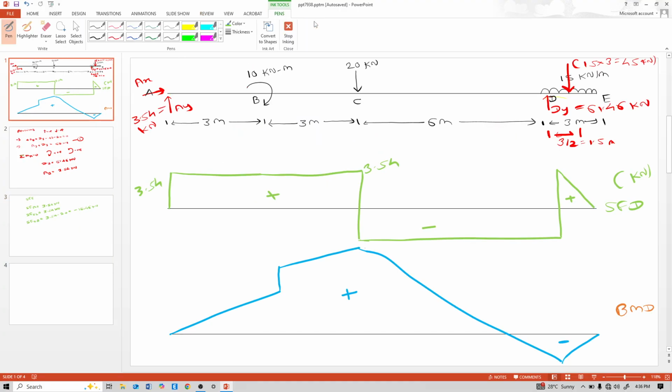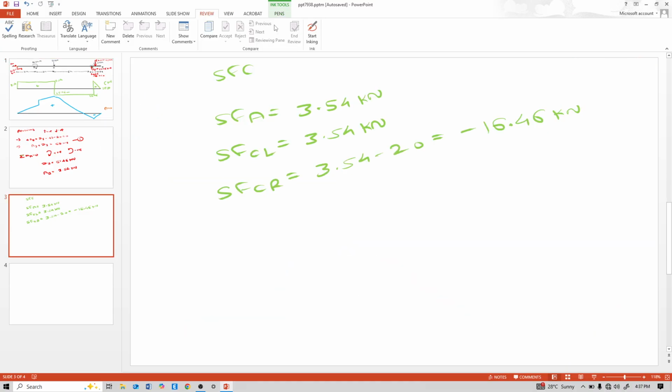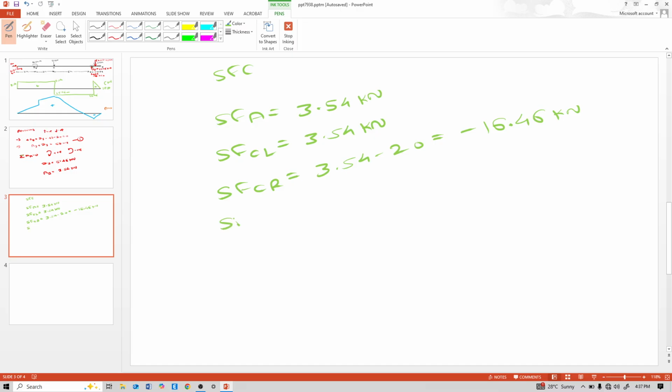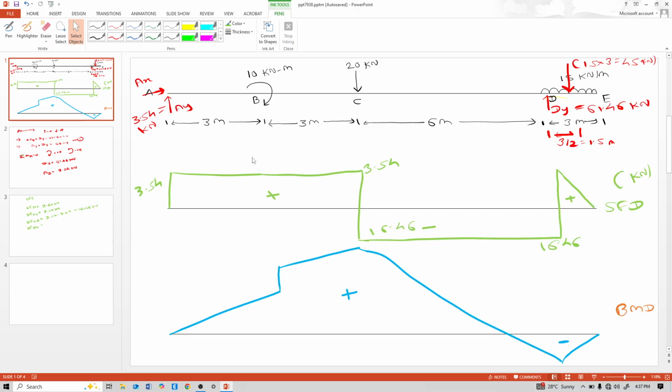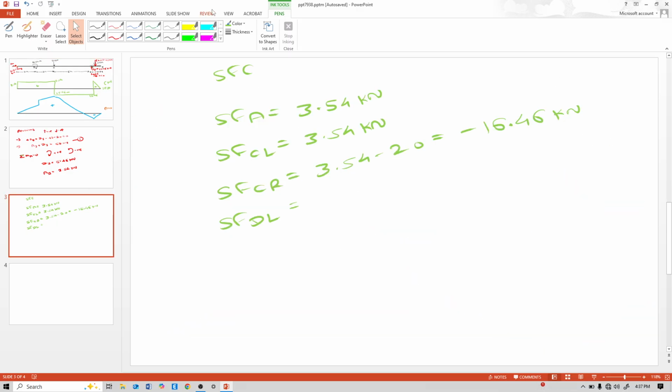So this value is 16.46, and up to here it is same 16.46 negative. Due to this DY reaction, minus 16.46 plus 61.46. Shear force at D just left to that D is same minus 16.46.